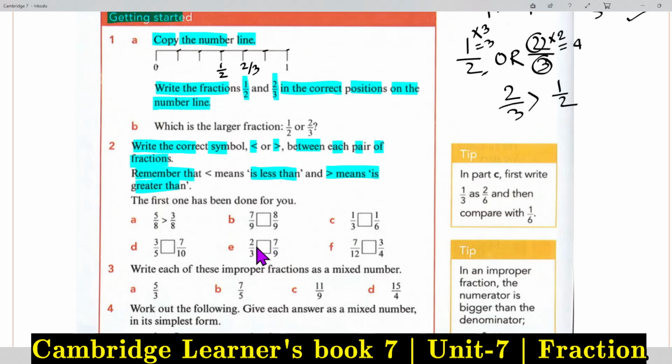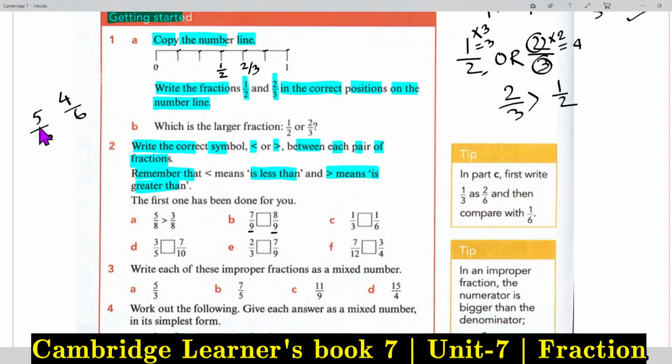Look, once the denominator is the same, if a numerator is less than another numerator, that will be the lesser. What does that mean? Like here is 5 by 6 and here is, suppose, 4 by 6.